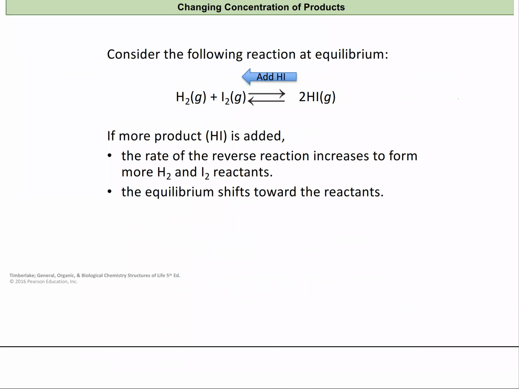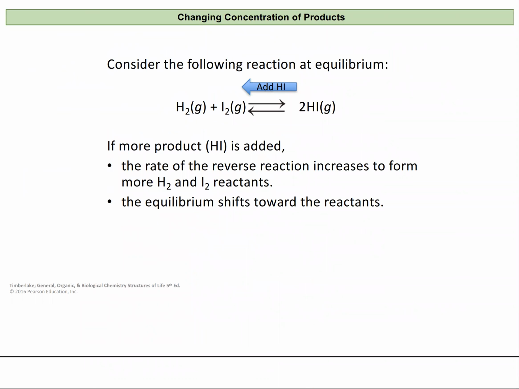Now let's change the concentration of a product. So if we add hydrogen iodide, we'll increase the concentration of our product, right? So if we've increased that product concentration, then we can expect the rate of the reaction of hydrogen iodide decomposing to increase as well. So that's going to increase our reverse reaction.